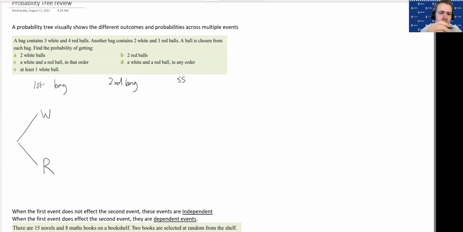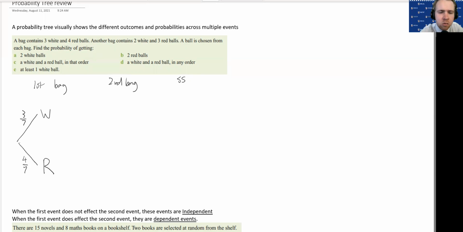The probability of getting a white ball, there's 3 white balls and 7 balls in total, so it's 3 out of 7. The probability of getting a red ball is 4 out of 7. So for the first bag, we show the 2 outcomes branching off, and then we write the probabilities next to the lines that we've drawn for those outcomes.